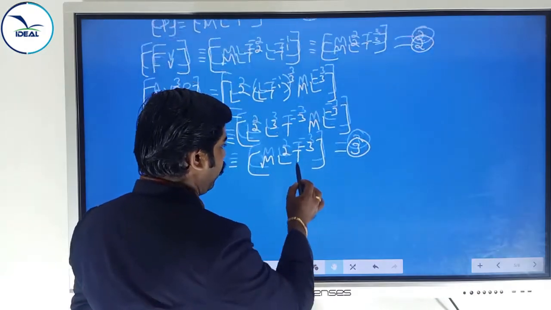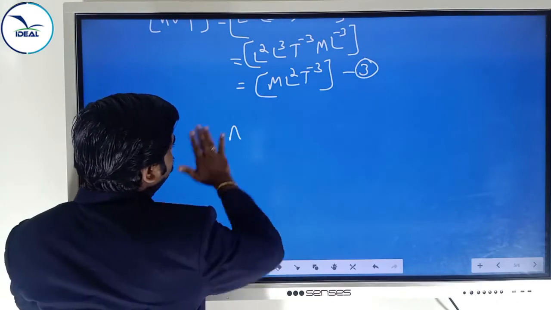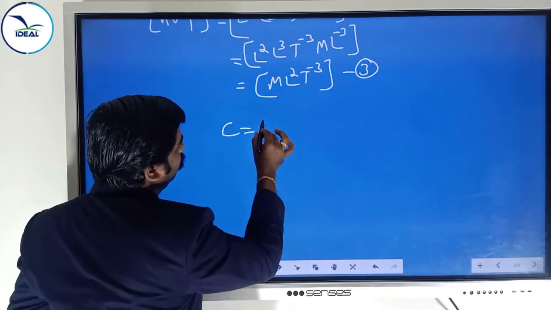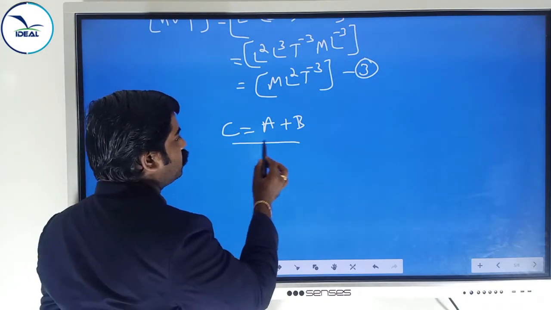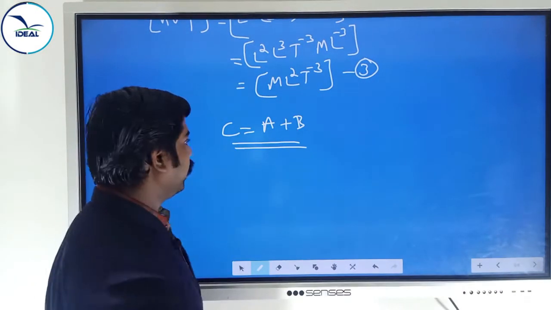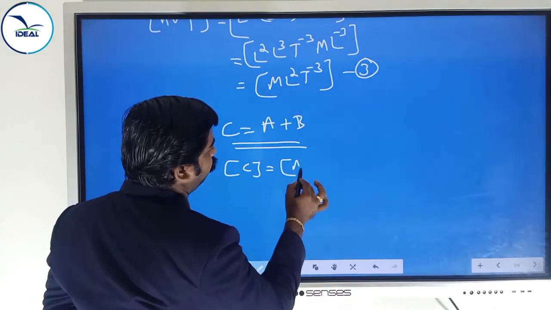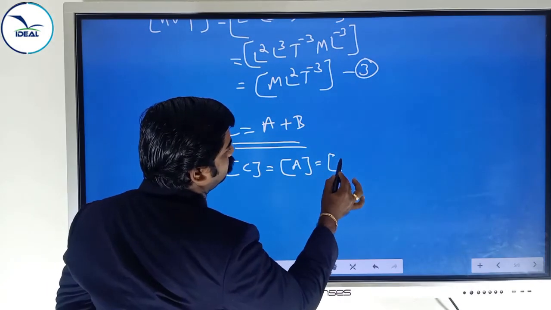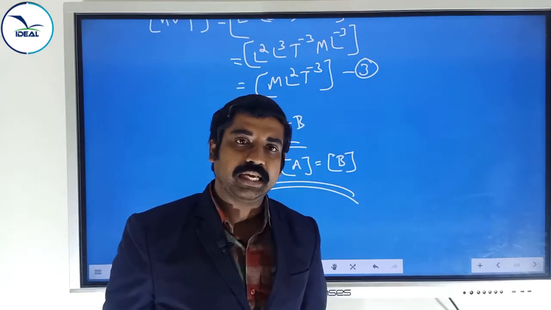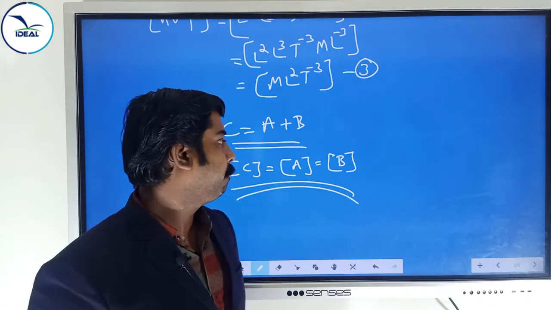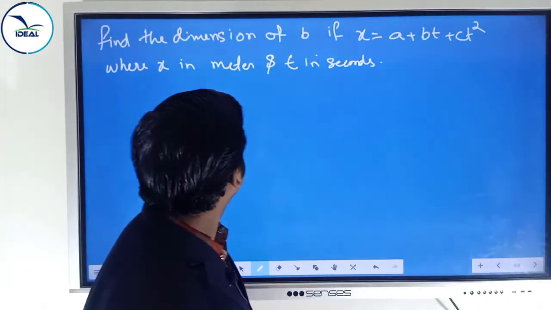We can say it another way: if an equation has the form C equal to A plus B, then for the equation to be dimensionally correct, the dimension of C is equal to the dimension of A is equal to the dimension of B. Then only can we say that this equation is dimensionally correct. Okay, clear? Now we can move to the next question.